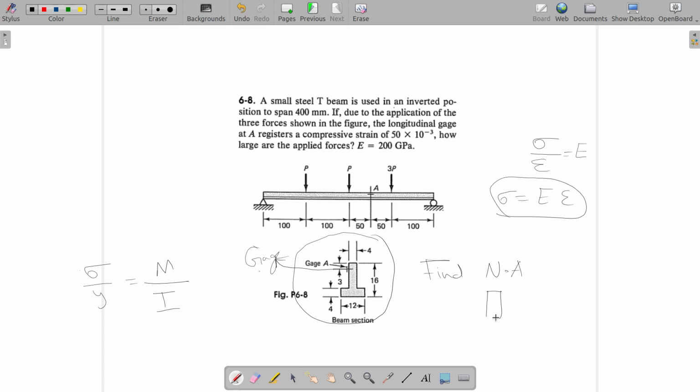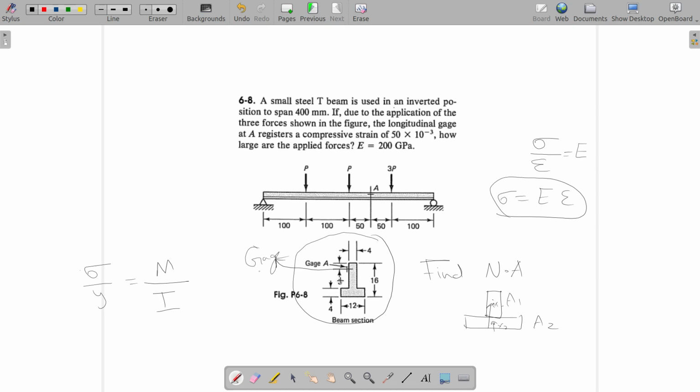This can be cut into two parts, A1 and A2. And you know now centroid of A1 and A2 is nothing but the exact geometrical center of that part, and using x1 and x2 may be considered the distance to centroid of each of this area. And once you have that, you can use the equation for calculating the centroid.